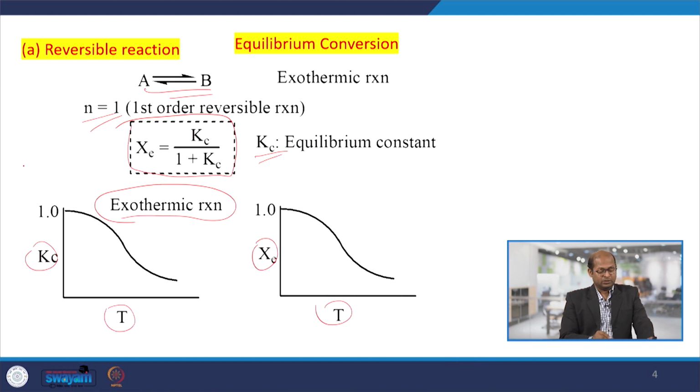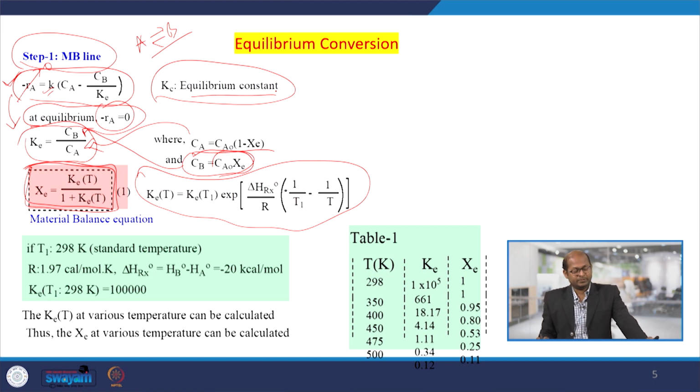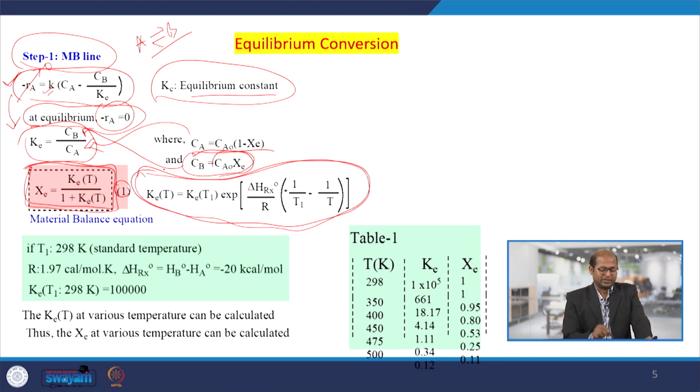The derivation is given here. So, the equilibrium conversion and equilibrium constant for this particular reaction are given by equation 1, and here K is the equilibrium constant for the reversible reaction, which we can express this way, as we discussed in your previous class too.